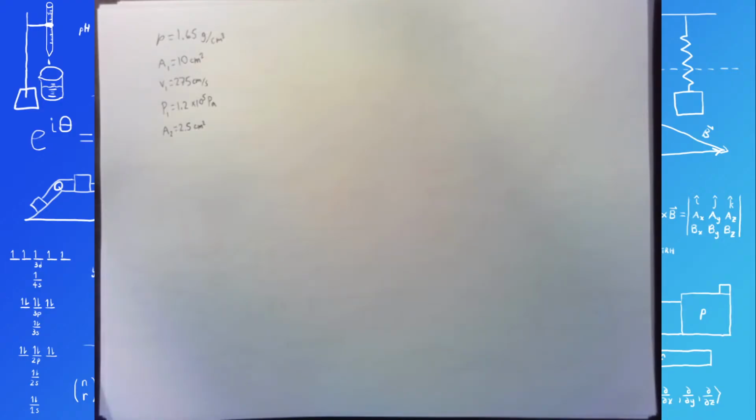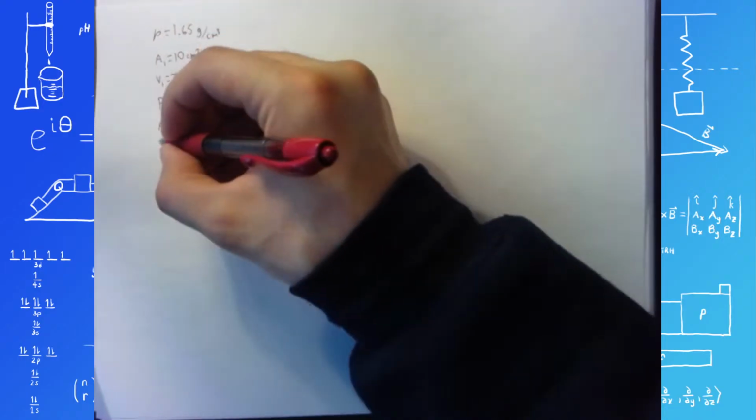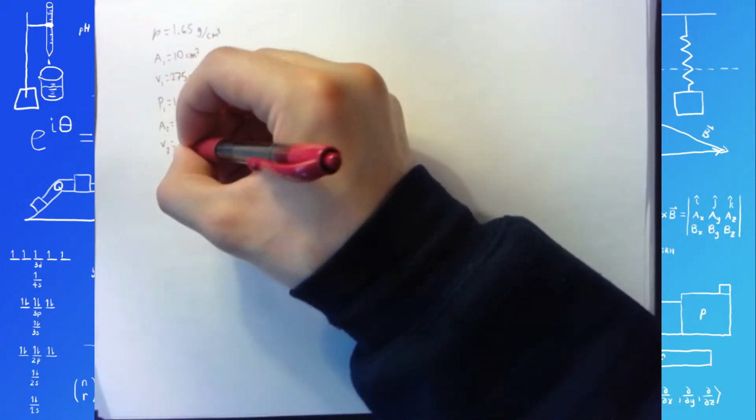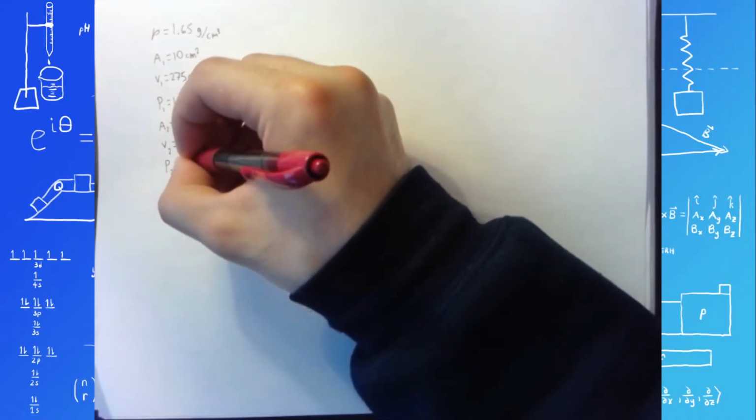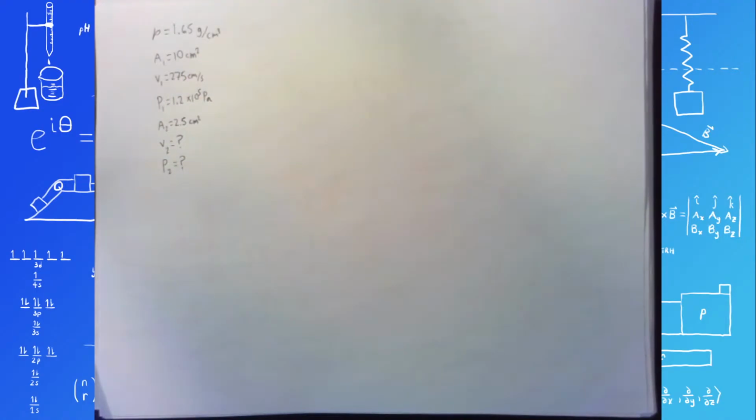Calculate the smaller section's flow speed and pressure. Find V2 and find P2. Now, I think because the pressure is in pascals, we do actually need to convert everything to cubic meters, I think. But let's look at the units and see if we can get away with not converting.